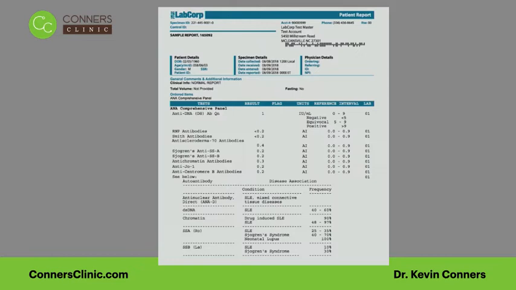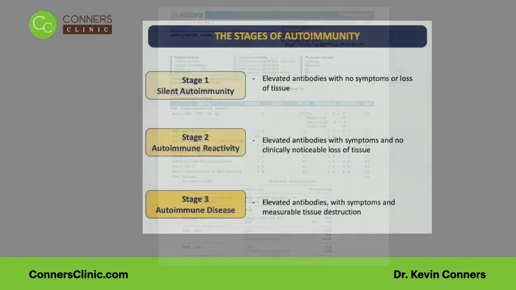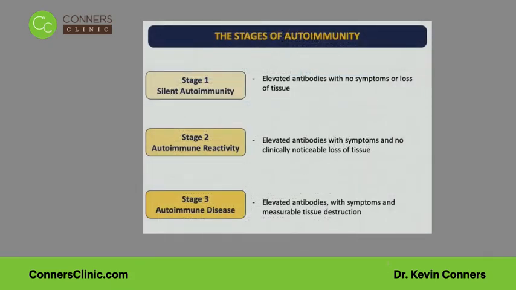So just another lab test that you can look to rule out some systemic DNA antibodies, which makes a case even more serious. So again, back to our stages. Silent autoimmunity, I have elevated antibodies, but I really don't have any symptoms or loss of tissue.